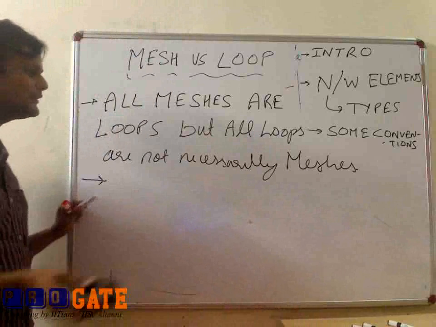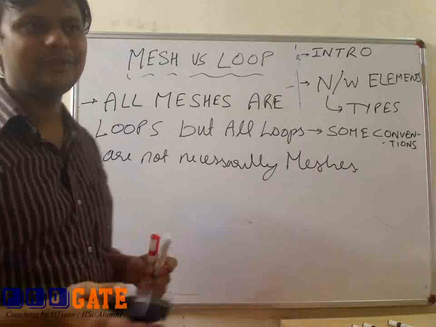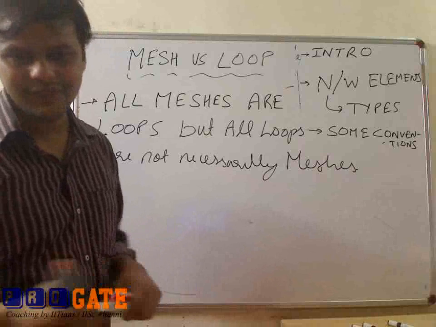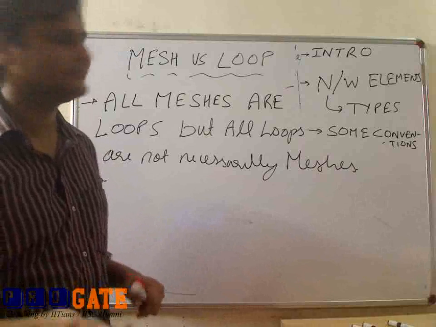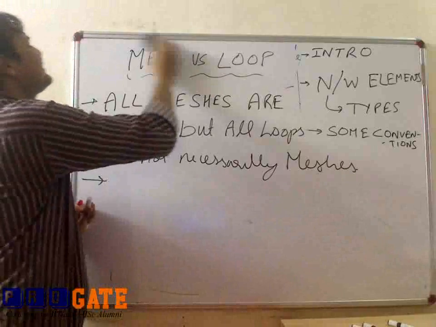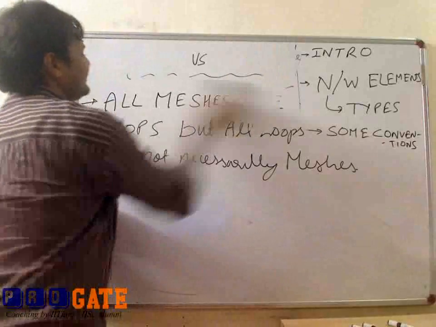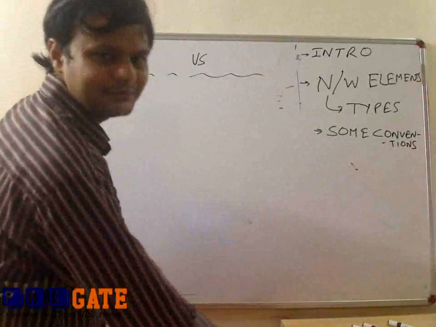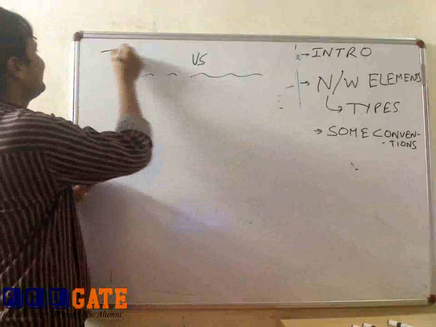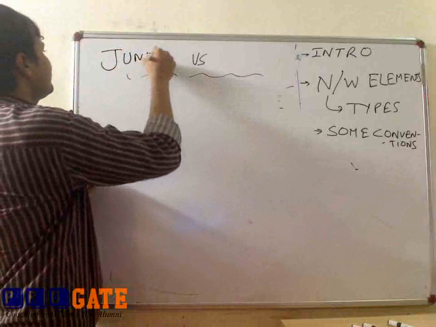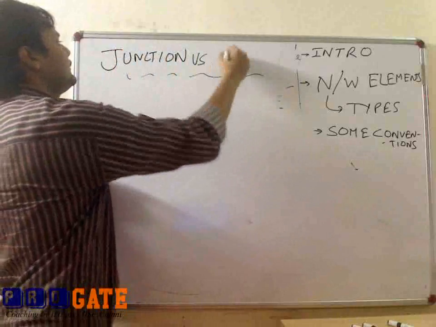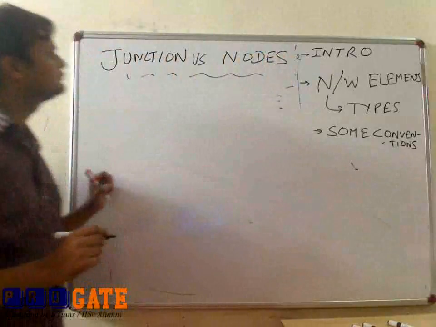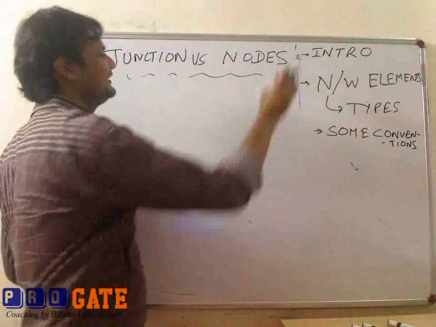So now I am coming to another basic understanding of the course, that is, what are junctions and nodes. So this topic will be junction versus nodes, or simply node.